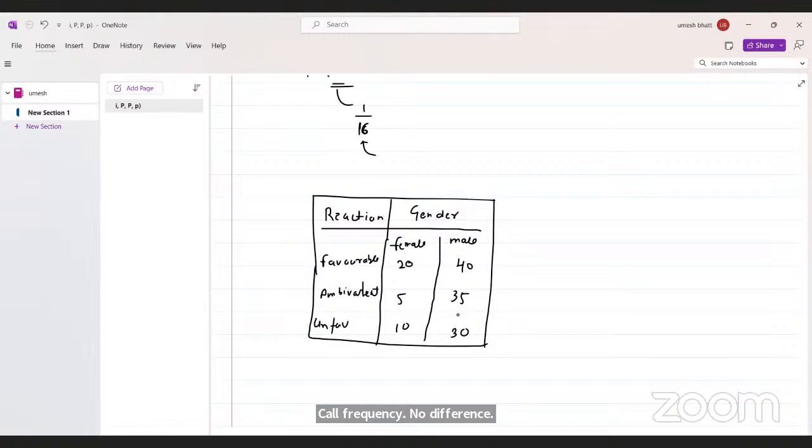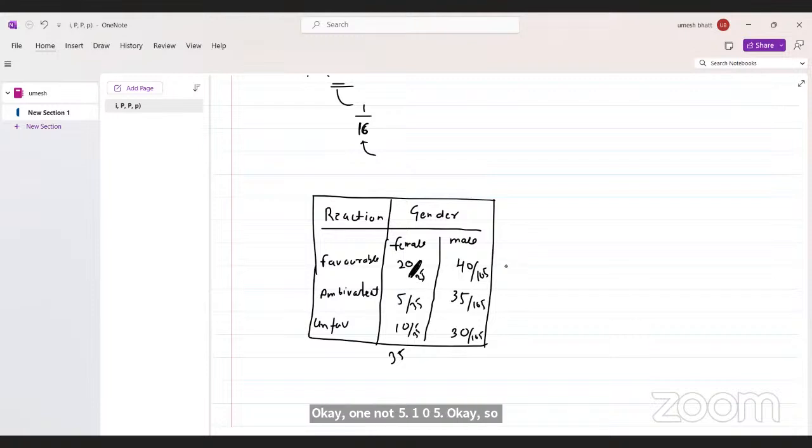It represents that out of the total females, what percentage of females are in the favorable reaction, the ambivalent reaction, and so on. 20 by 35, 5 by 35, and the total is 35. And this total is 105.